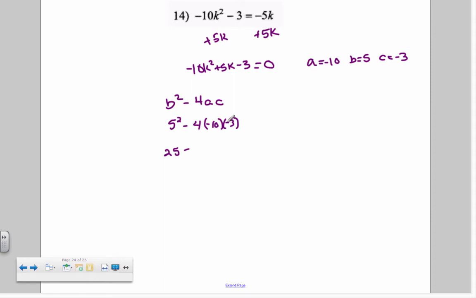So negative 10 times negative 3, that's a positive 30. And a positive 30 times negative 4 is a negative 120. Finally, I do 25 minus 120, and that gives me a negative 95. Negative number. Well, if I think back to my chart, a negative number had two imaginary solutions.